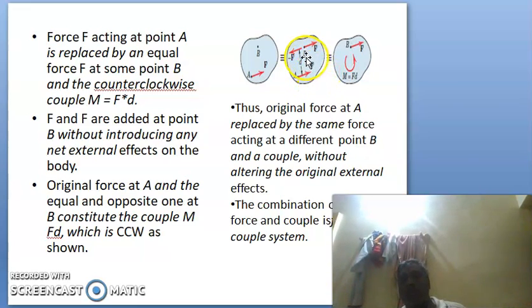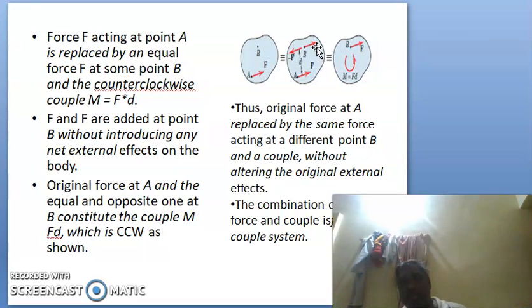Here we are adding one more force at B in both directions with the same magnitude F and F. So with two forces acting in directly opposite directions with the same magnitude, as a net result we have not added anything in excess.